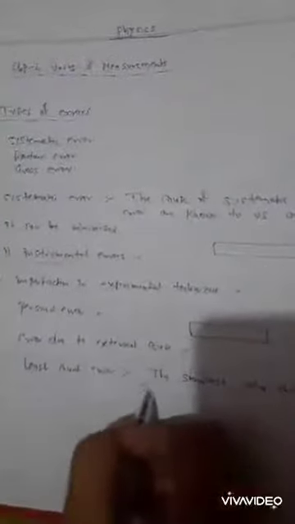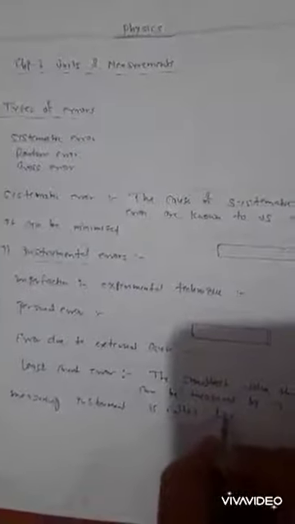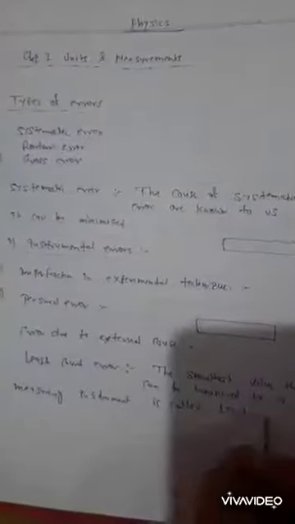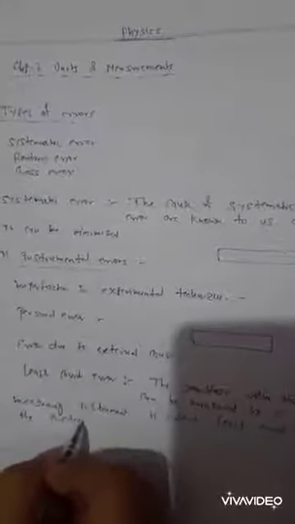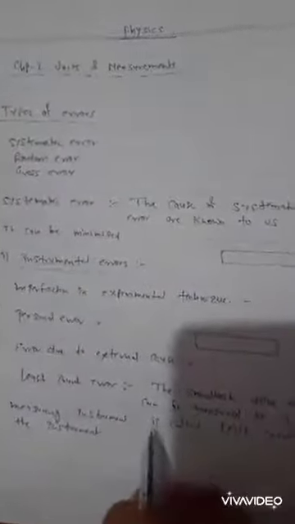The smallest value that can be measured by a measuring instrument is called the least count of the instrument. So this is the definition of least count.